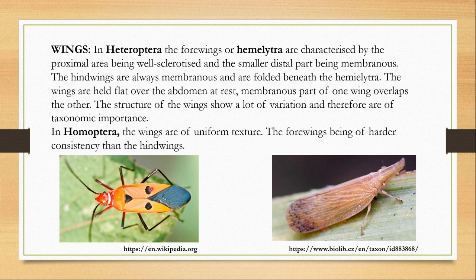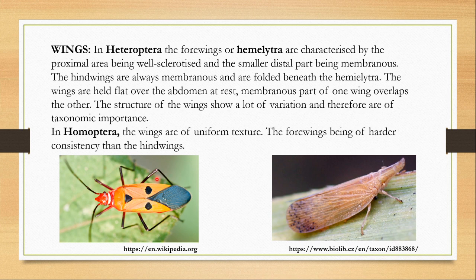Whereas in this insect, you can see two colors in the same wing. So one wing, the right wing starts from here and it comes here and it just overlaps the left wing.